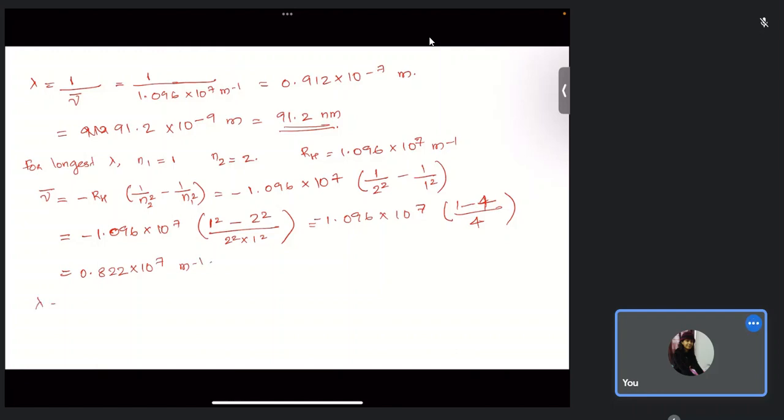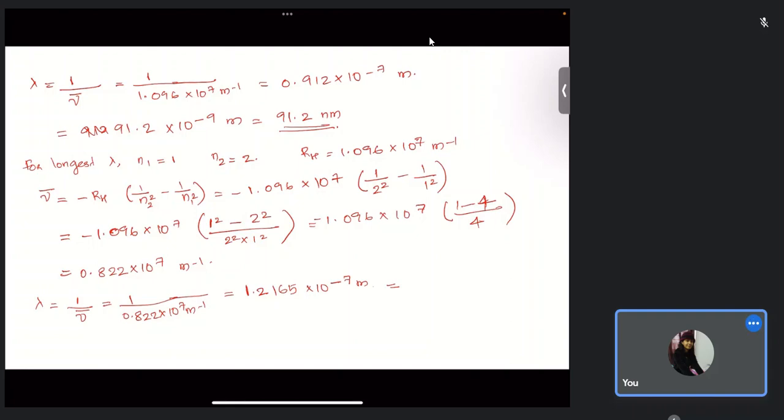So lambda is 1 by nu bar, that's 1 by 0.822 into 10 to the power 7 meter inverse. 1 divided by 0.822 is 1.2165 into 10 to the power minus 7 meters.